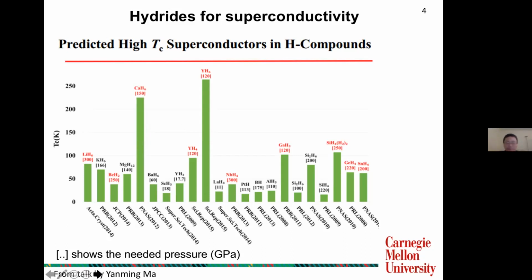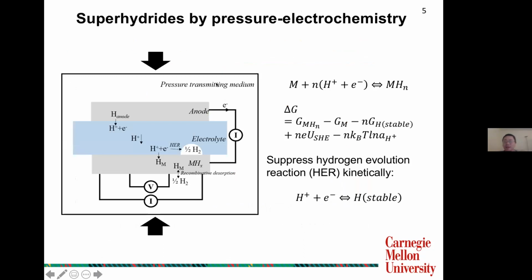So then we thought, how can we relieve the conditions and make it work under more moderate conditions? So we came up with the idea to combine pressure and electrochemistry. You can see in this figure, in this setup, we have an electrolyte separating the anode and the cathode.